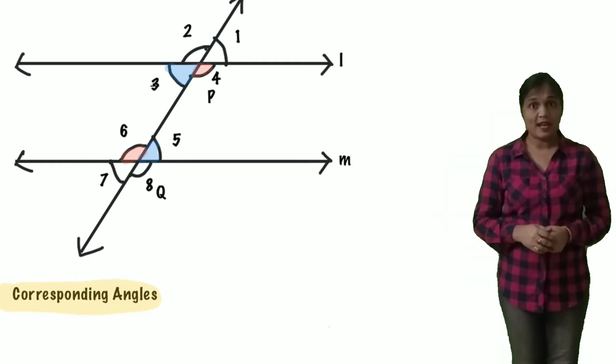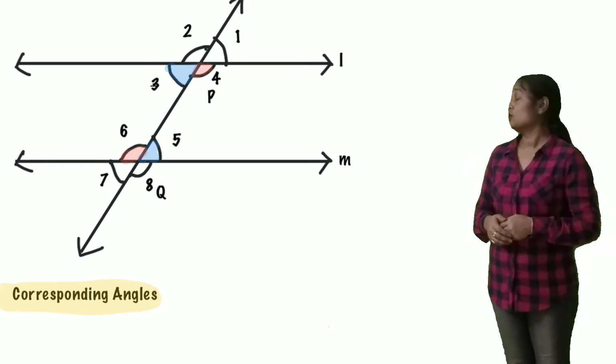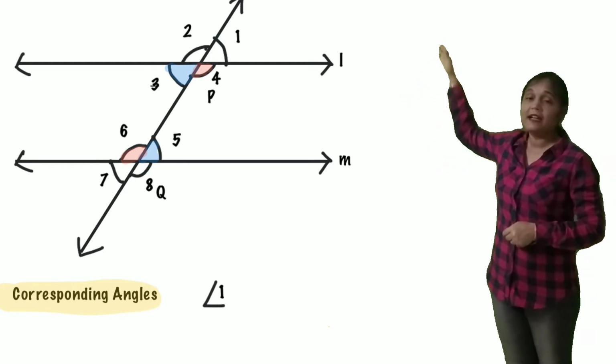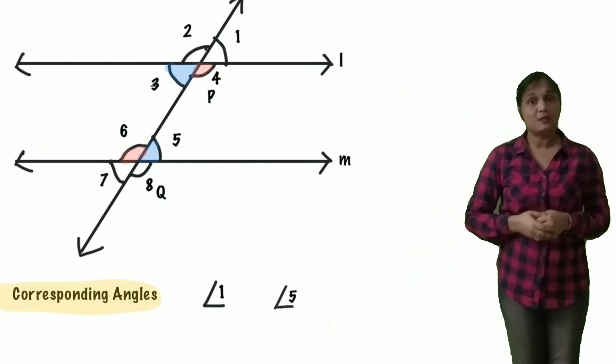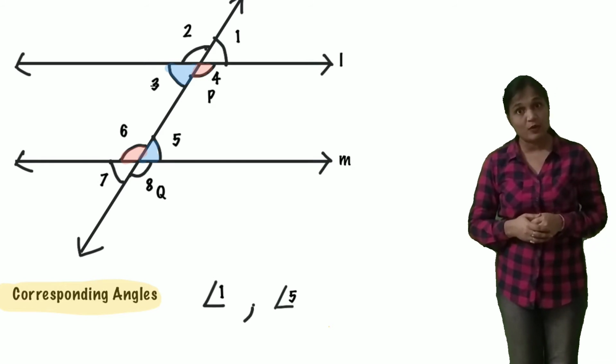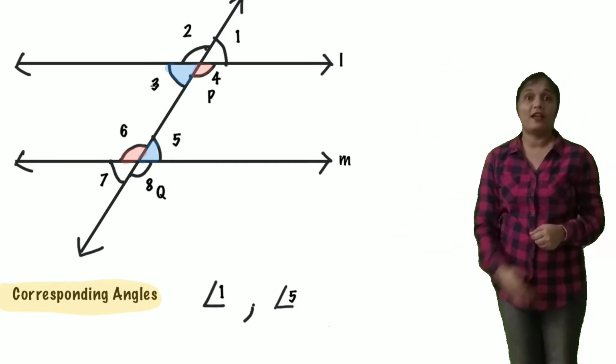Okay. Now next we will learn about corresponding angles. Here in this figure, angle 1 and angle 5 are corresponding angles, and corresponding angles are always equal. So angle 1 is equal to angle 5.